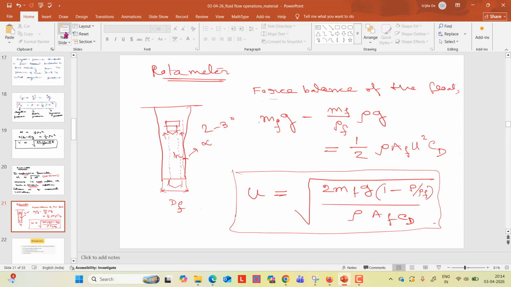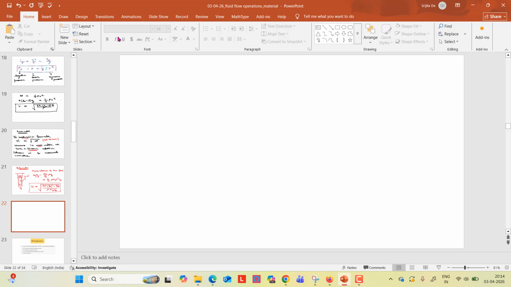Now what is the volumetric flow rate? So volumetric flow rate is calculated as U into area.